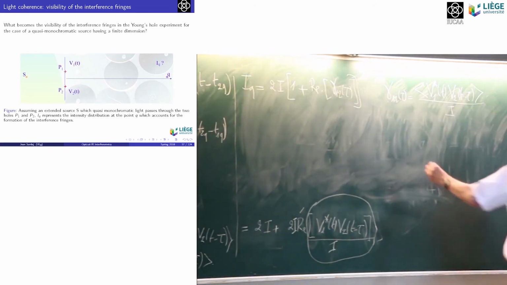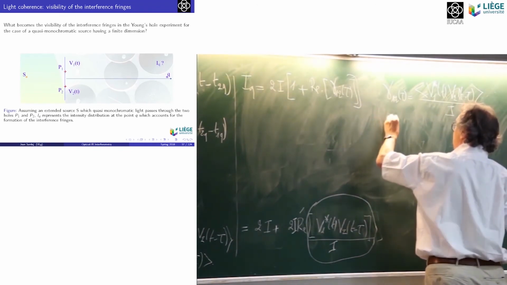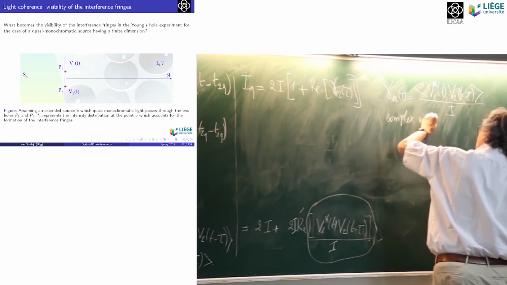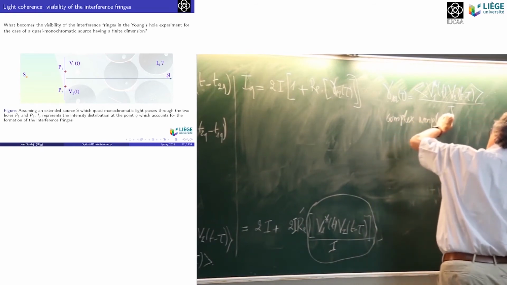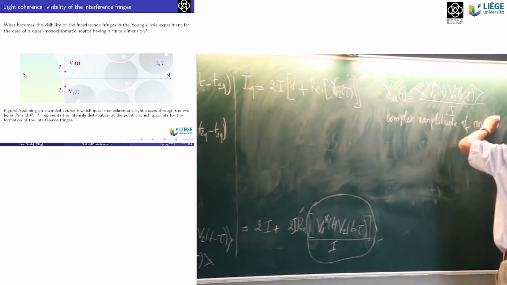So this is named the complex amplitude of mutual coherence.